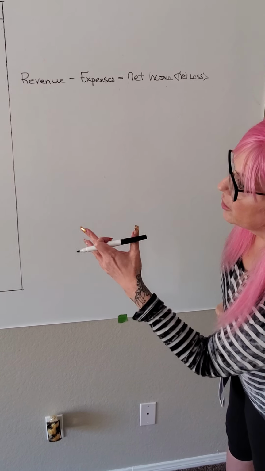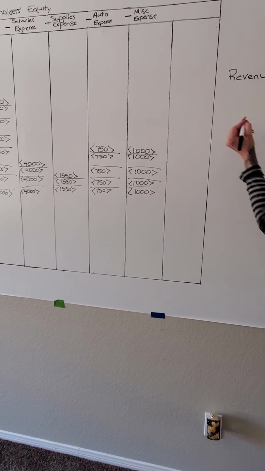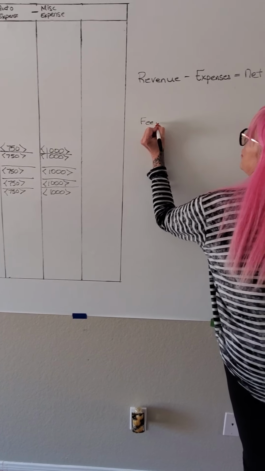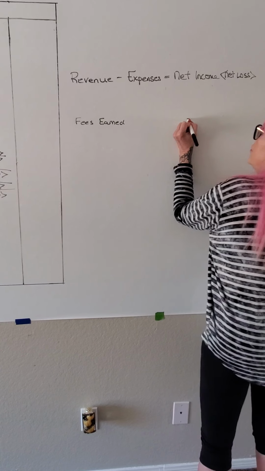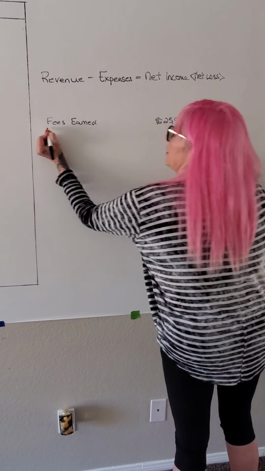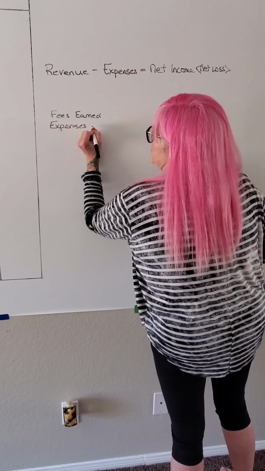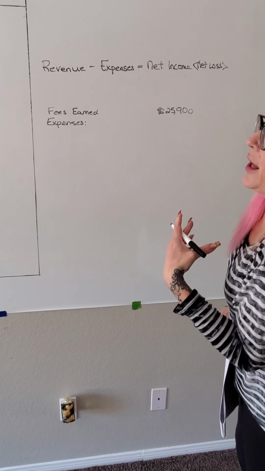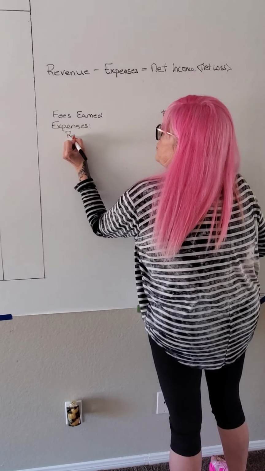So we can look at our items here. We have fees earned of $25,900. Then we have our expenses, so we're going to list those out. Rent expense is $7,000.